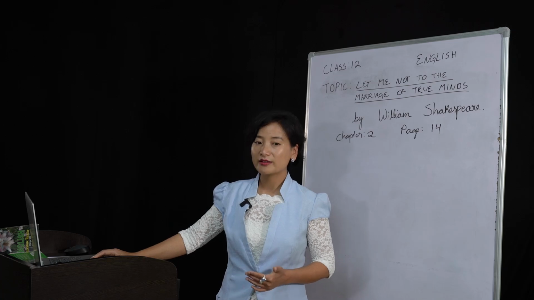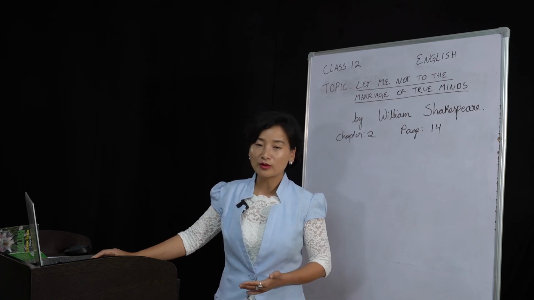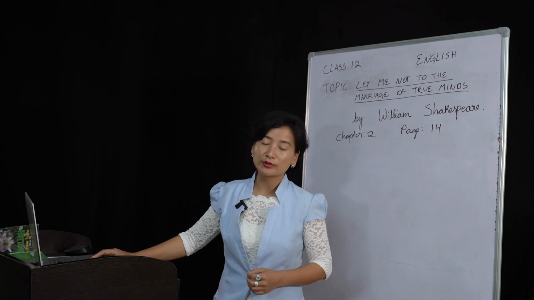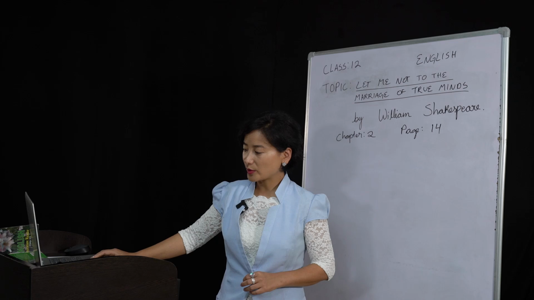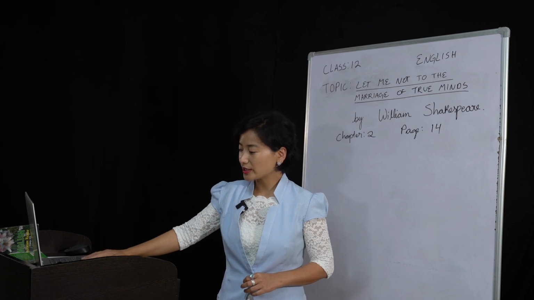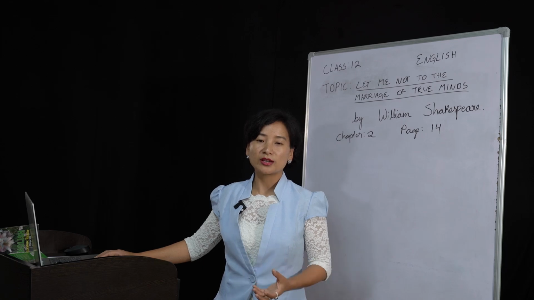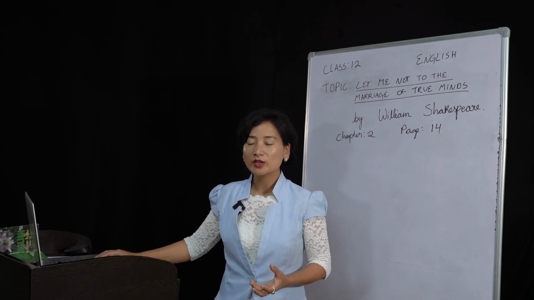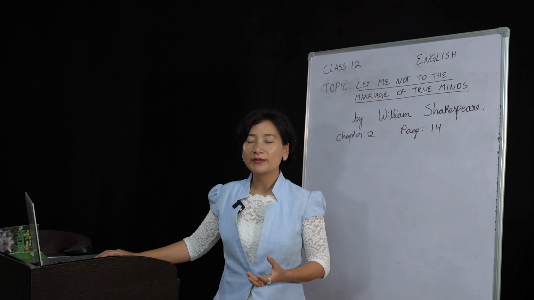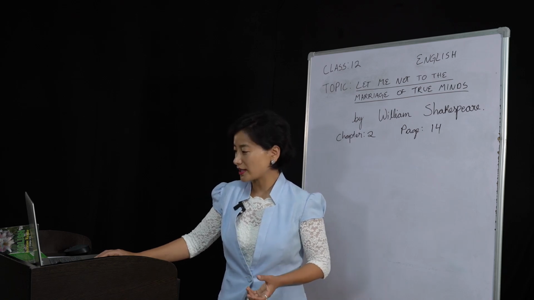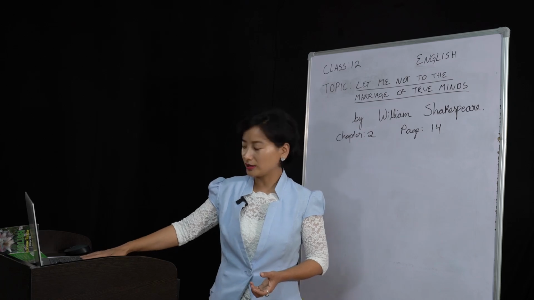The worth here is referring to the value of life or the value of love, for that matter, which cannot be measured. The next point, its worth is unknown. Nobody knows how much it costs. Nobody can say that true love is $1 million. You cannot say that. Nobody knows that. It is immeasurable.